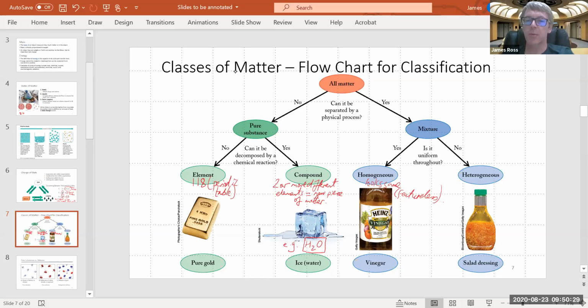Heterogeneous mixture. Hetero, the prefix means different. So here, looks different. It has features or lumps and bumps. And here we can see from this salad dressing, we've got what looks like maybe some pepper seeds, I don't know, some oil.